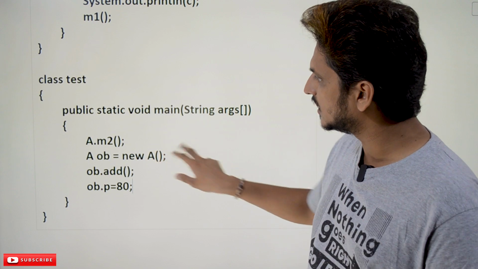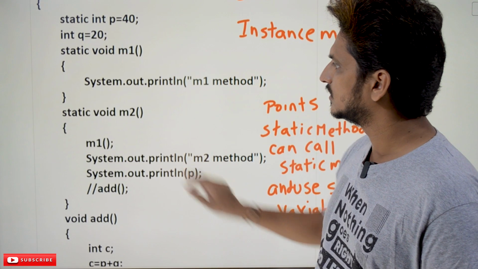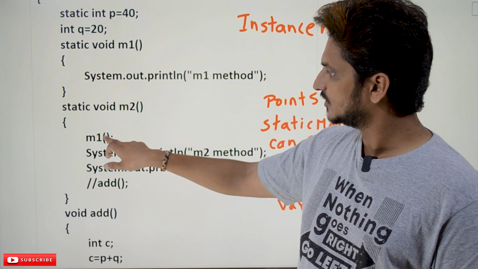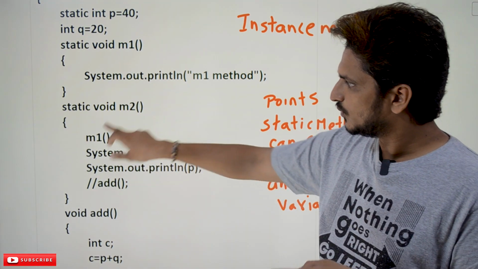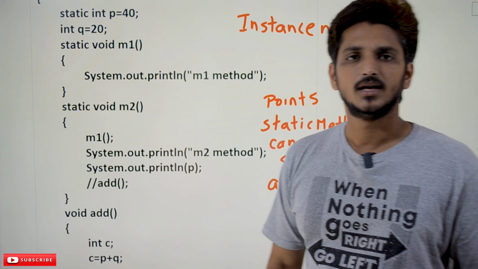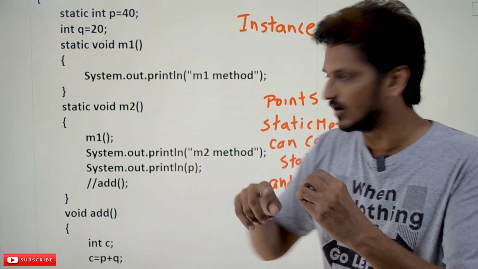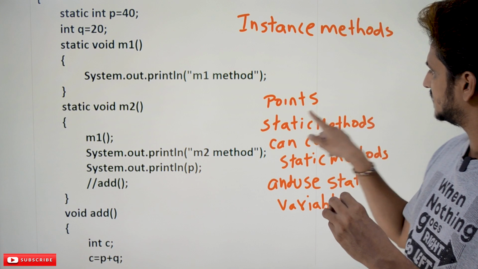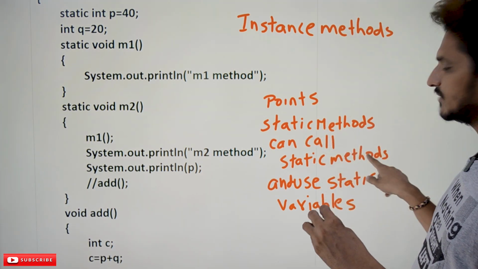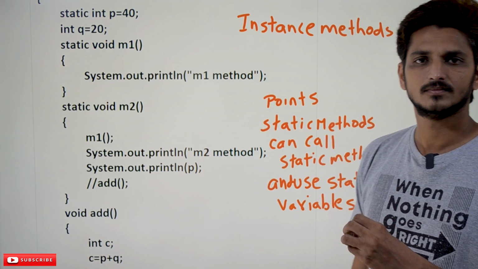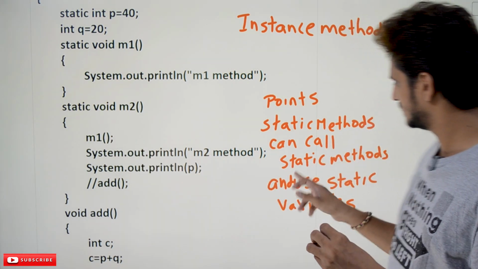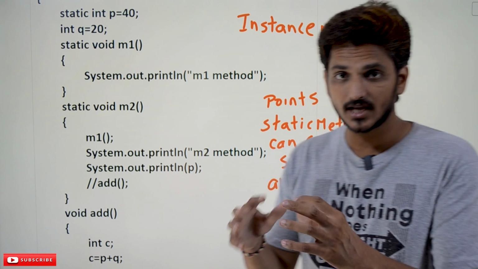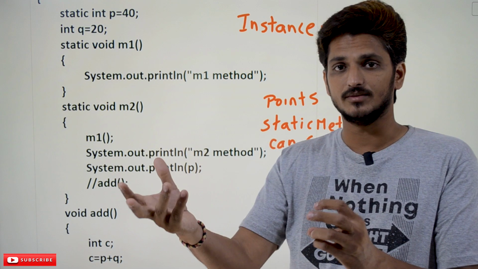One more point you need to understand: in m2 we are calling m1. Static methods can call static methods and use static variables.